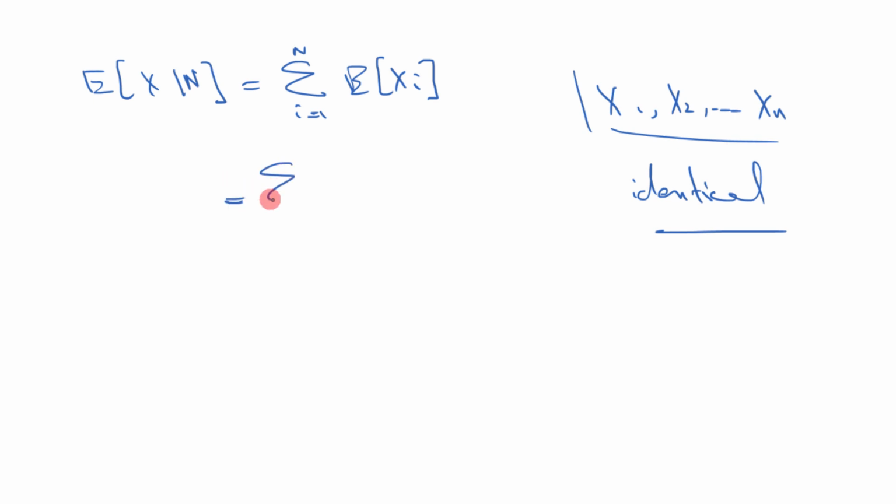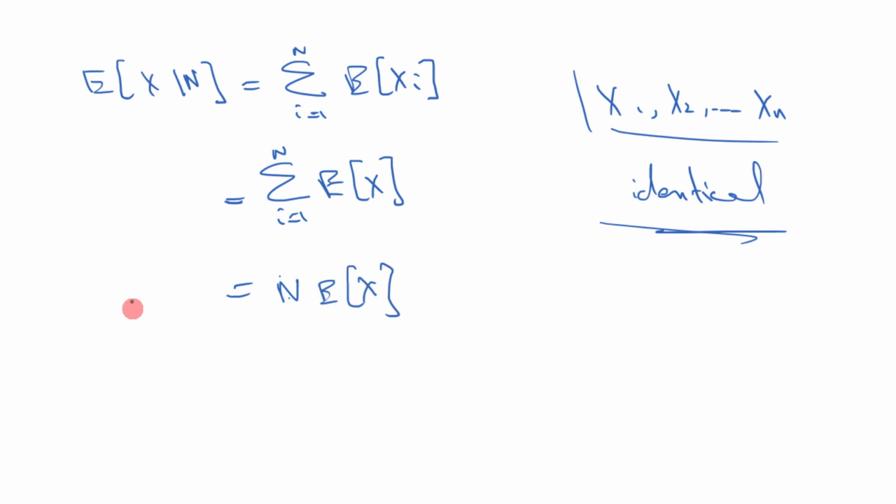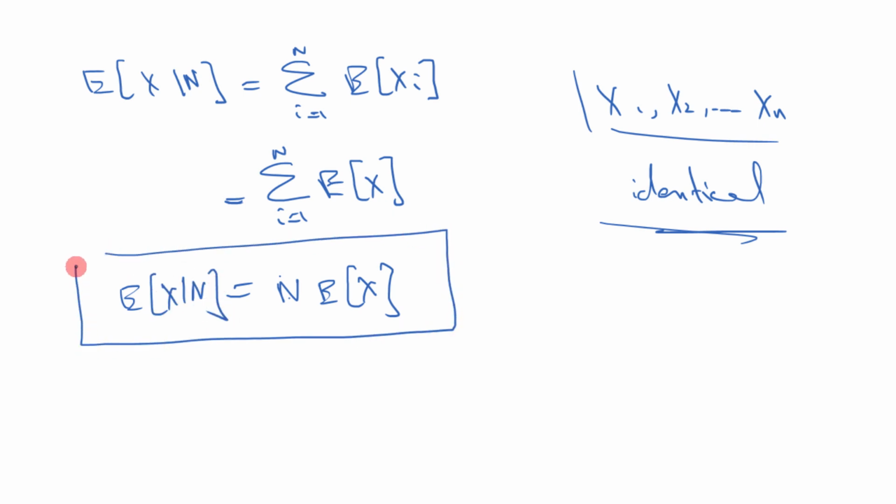I am writing this as expected value of x, because they are all identical, so I am dropping this subscript i. Solving this summation, it will be equal to n times expected value of x. So this expected value of x given n will be equal to this thing.